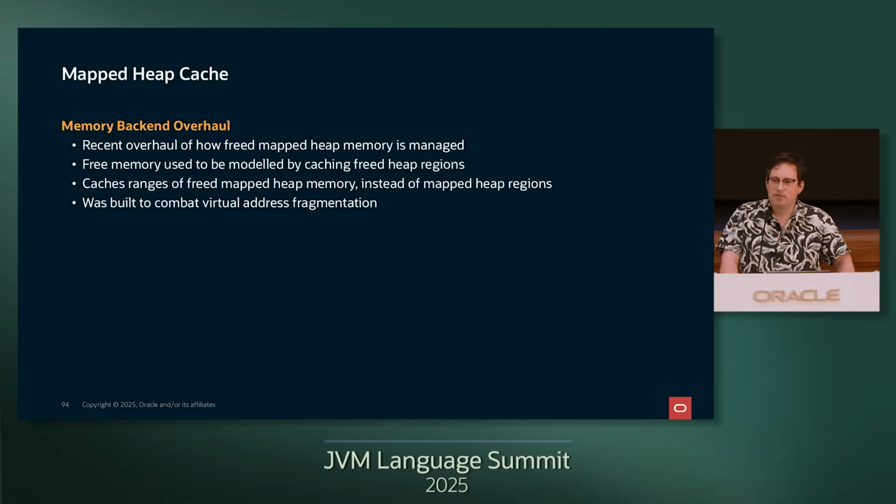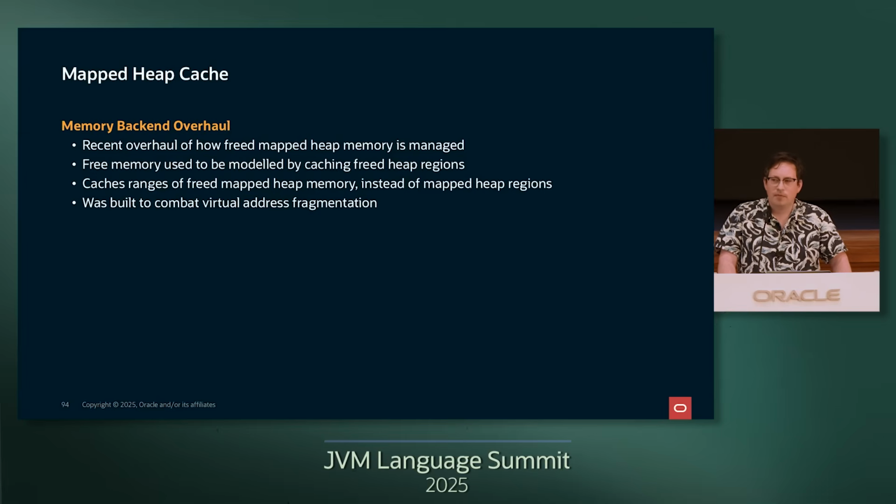So one of the things we've worked on recently to allow this is, unintuitively, a new mechanism for how we manage free memory in the heap. We used to have a mechanism called a heap region cache that cached the regions that have been freed.